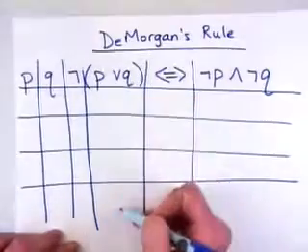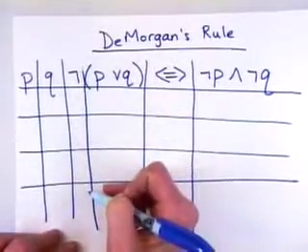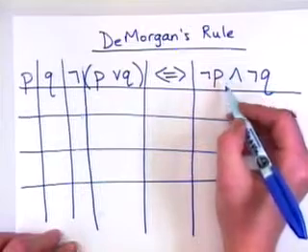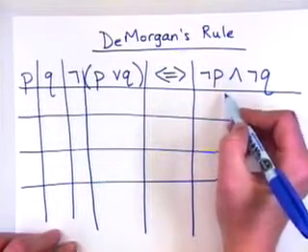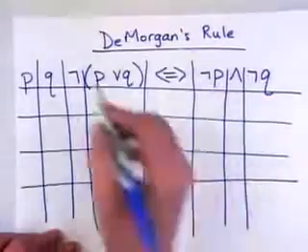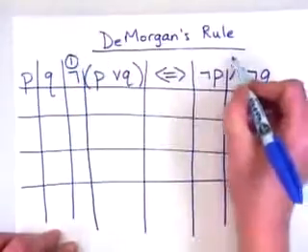So I'm going to fill out the P or Q, then I'll fill out the not for that. And then I'm also going to make columns over here for not P and not Q, so it'll be easier for us to do this AND. And then at the end, I'm going to compare column 1 with column 2.